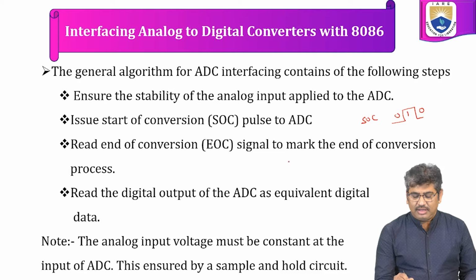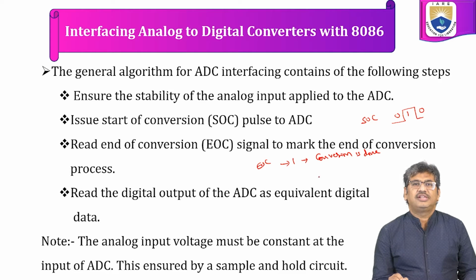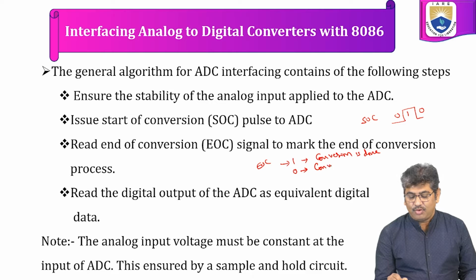Here, if the EOC signal is equal to 1, it indicates the conversion is done, that is, the analog to digital conversion is complete. If the EOC signal is equal to 0, this signifies the conversion process is in progress.